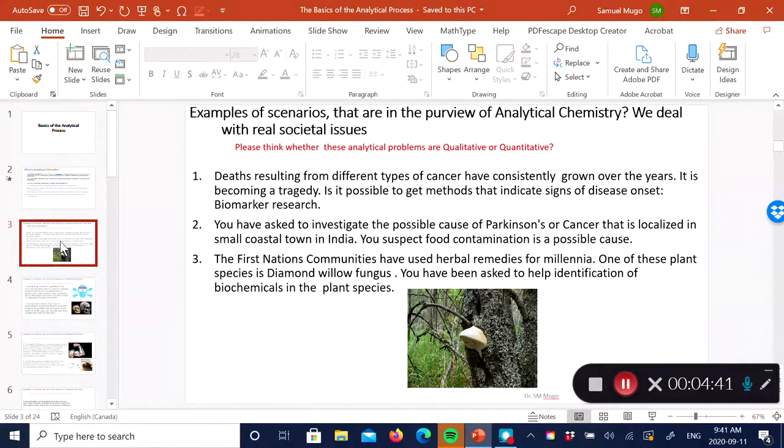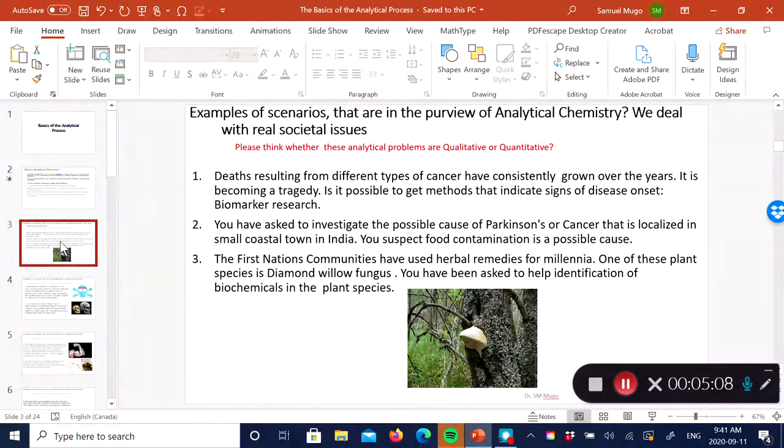You suspect food contamination is a possible cause. Again, another analytical problem. There's so many different types of carcinogens out there. Be it pesticides, be it toxins, be it plasticizers, and so forth. It's a very complicated problem, but yet a big industry where analytical chemists are needed.